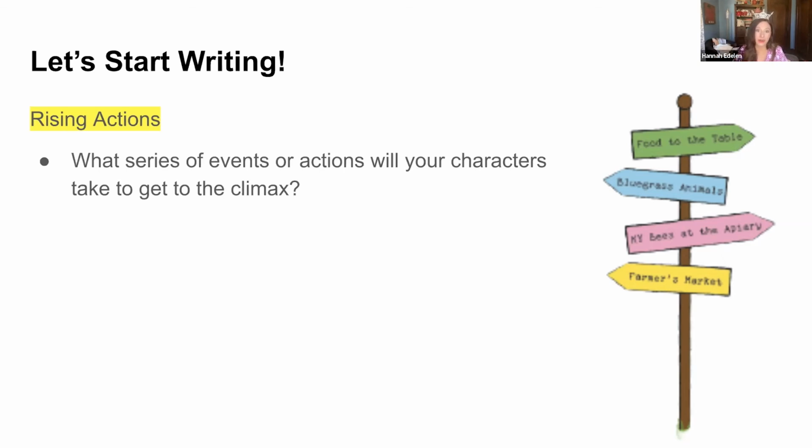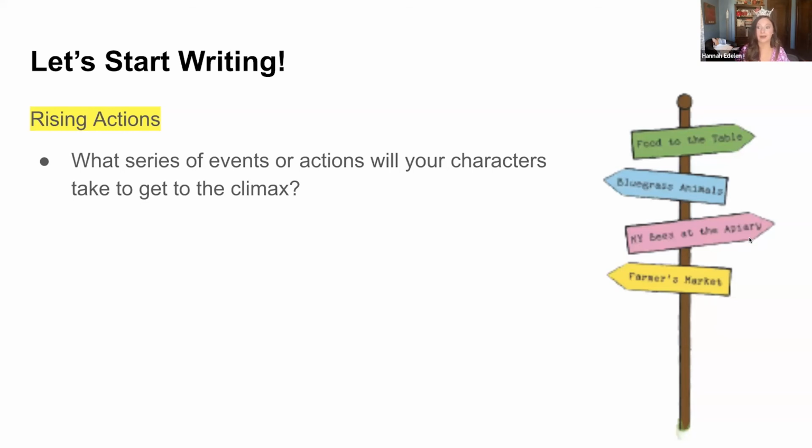So in the story of Honey the Horse and Kentucky Proud, we have all these events right here on my direction that tells us of the different places. I'm sorry, you may not be able to read this very well, but they go to the food table. They learn from a farmer. And then they go see the bluegrass animals. That's an event that happens. And then they go visit an apiary where they learn about bees.